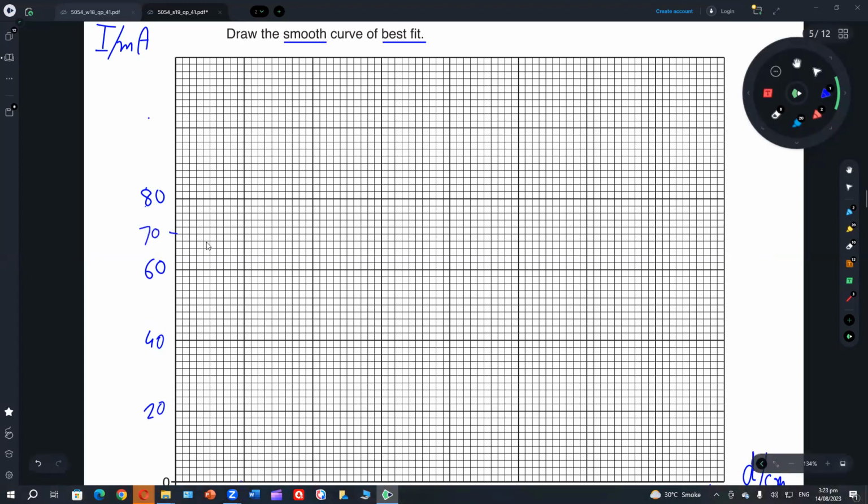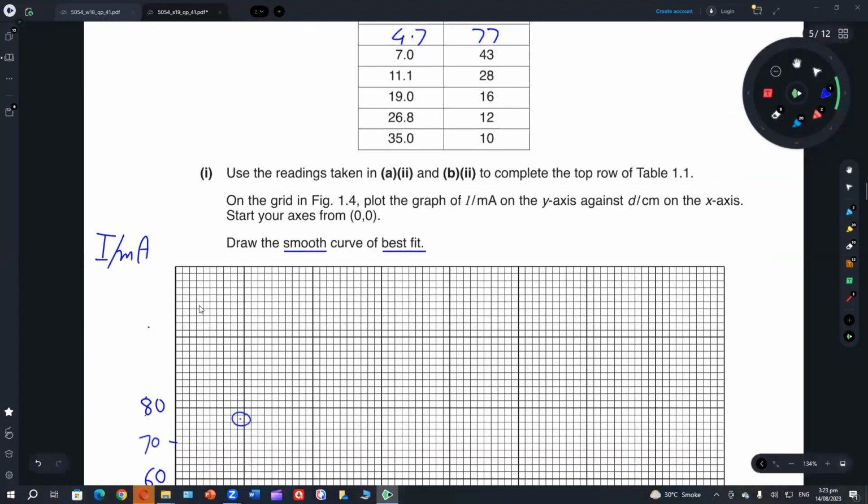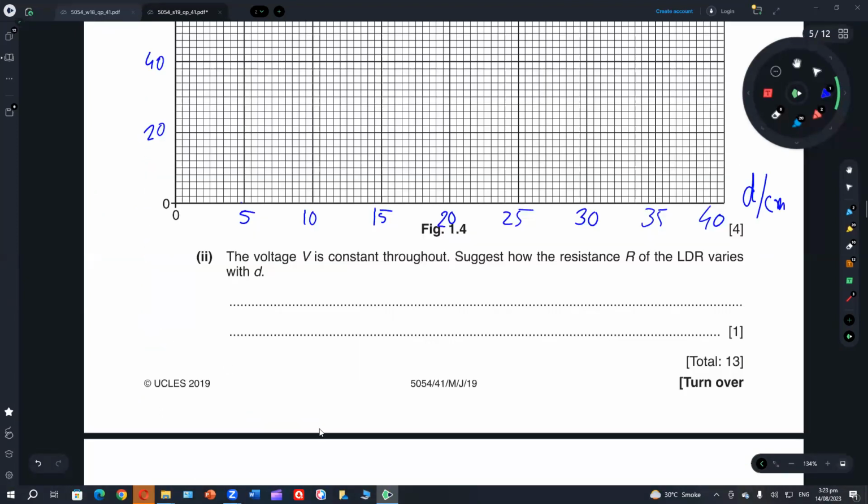This is 70. 72, 74, 76, and it's in between. So this is the first point, 4.7 and 77.